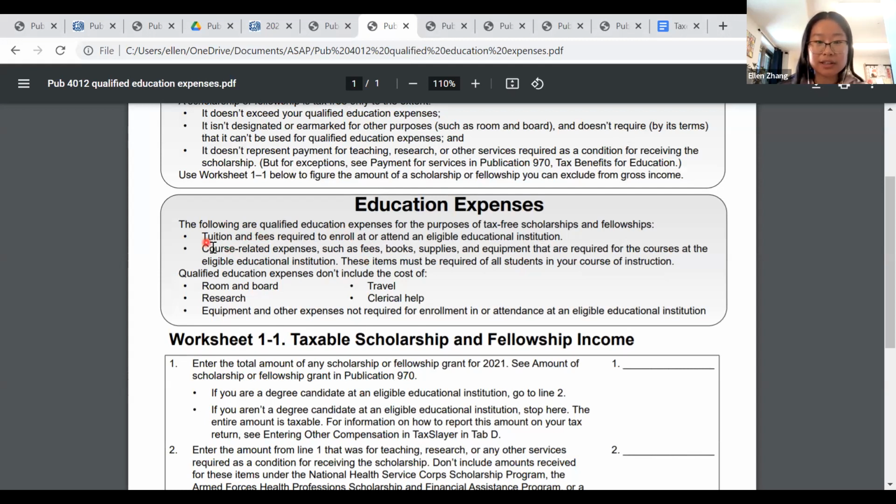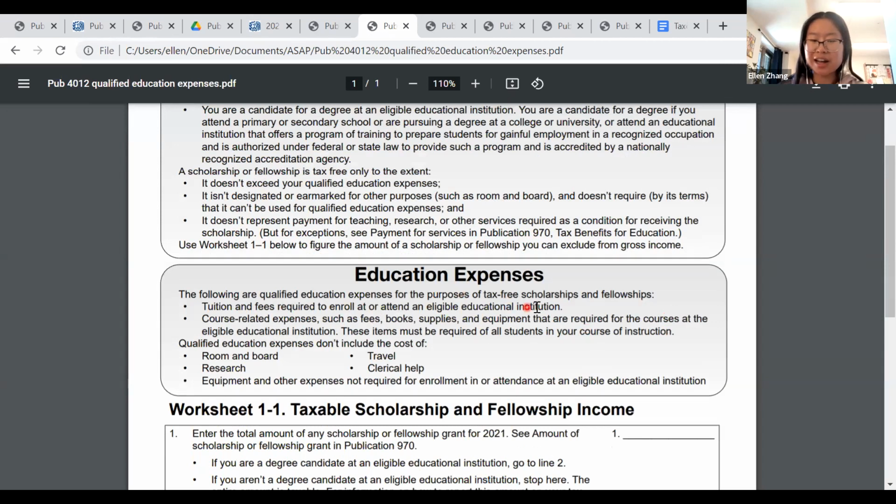Things that are qualified are tuition and fees that are required for enrolling at an eligible educational institution, or any course-related expenses such as fees, books, and supplies that are required for the course. Things that do not count towards qualified educational expenses are your room and board, any research costs, travel costs, or any other equipment and expenses that are not specifically required at your institution.